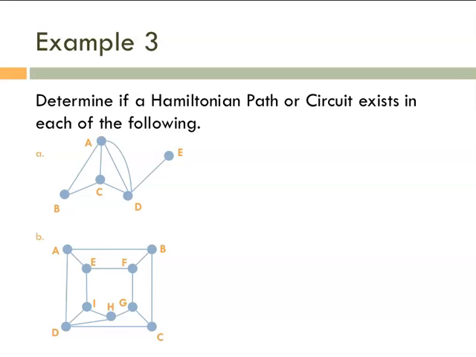Now, in terms of the edges, you don't have to use all of them. The point is you want to get to each vertex. So if we started here at B, and then we could go up to A, then down to C, then over to D, and then over to E.